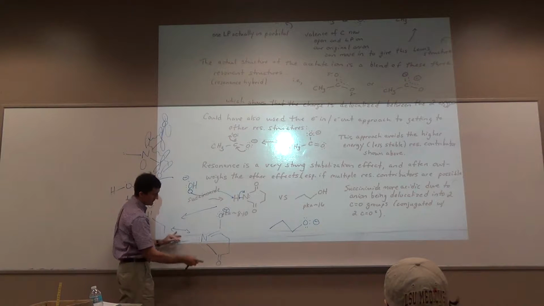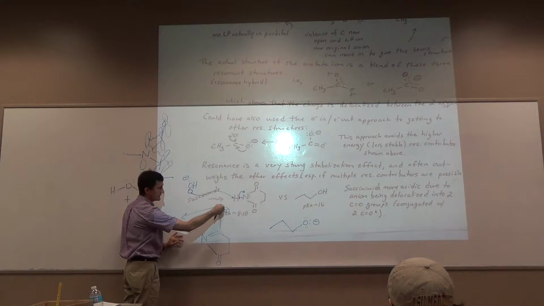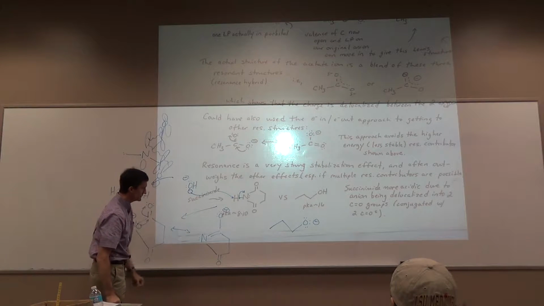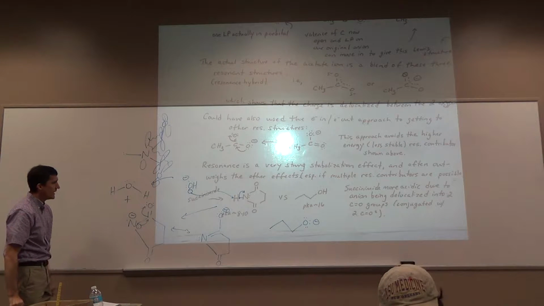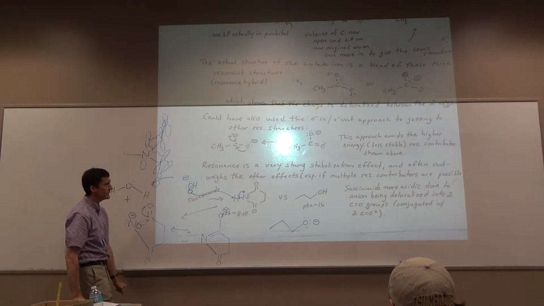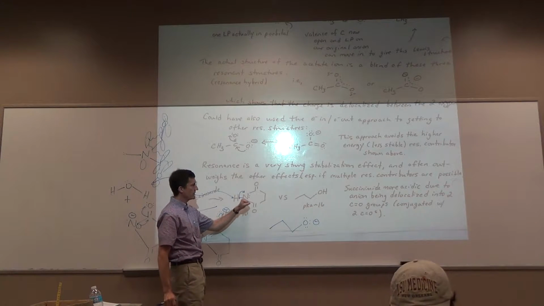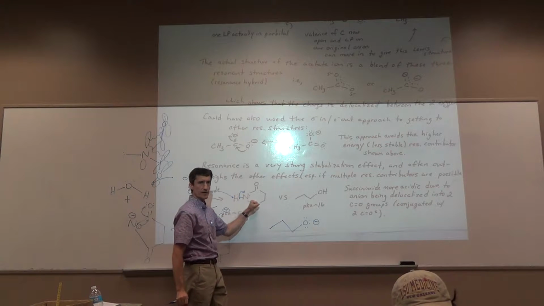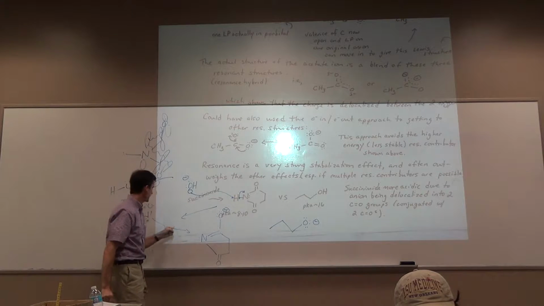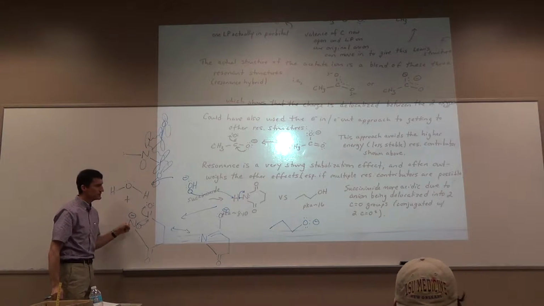Then charge. That's a standard nitrogen. This is not standard oxygen. That's going to be charged. You've got to be able to determine the charge. Ultimately, this is just an example of showing you that resonance can trump other effects. Nitrogen is not more electronegative, but the charge is delocalized by resonance.